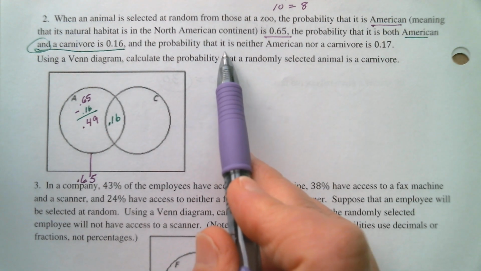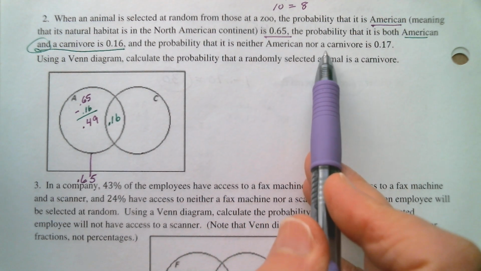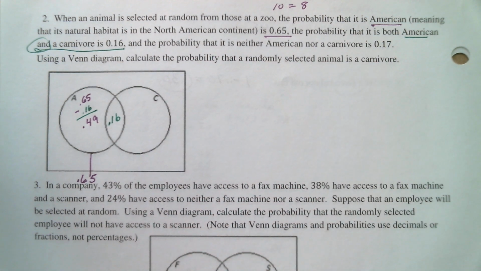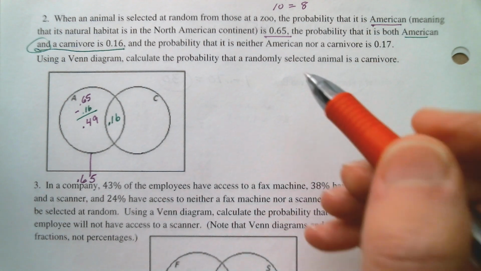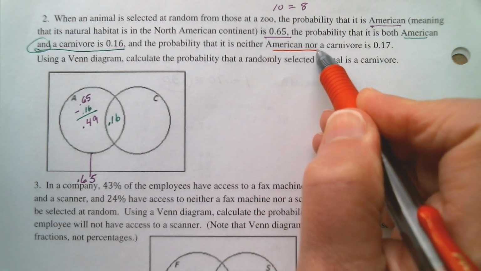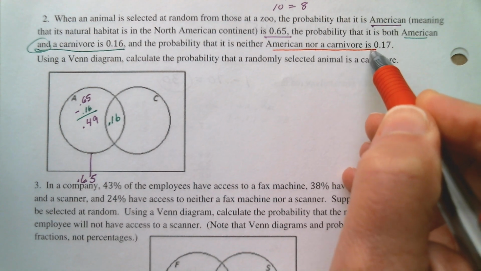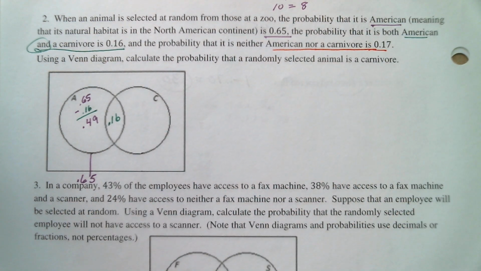And the probability that it is neither American nor a carnivore is 0.17. Let's go with this. So neither American nor a carnivore is 0.17.